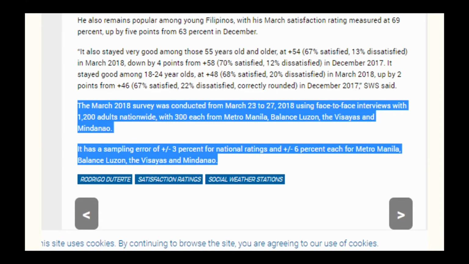It has a sampling error of plus or minus 3% for national ratings and plus or minus 6% each for Metro Manila, Balance Luzon, the Visayas, and Mindanao.